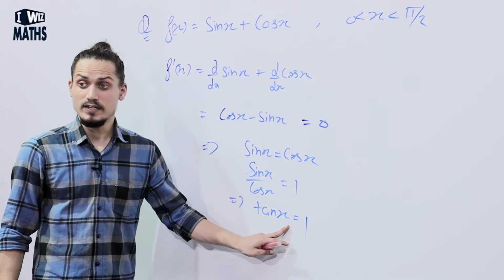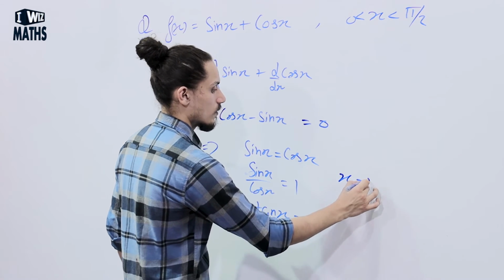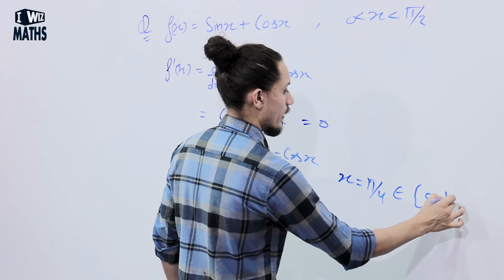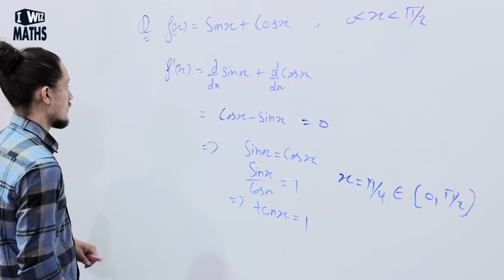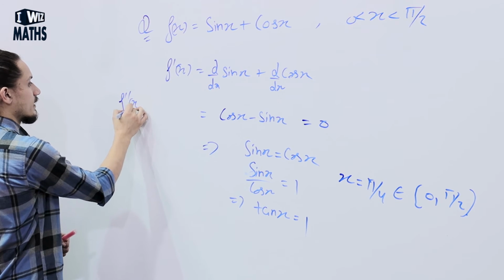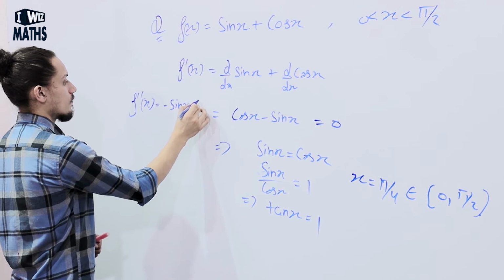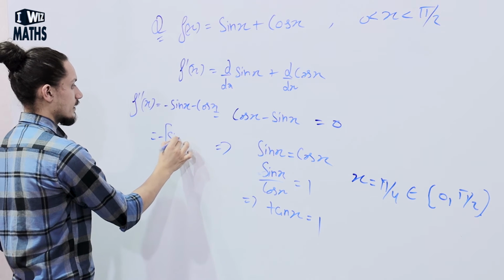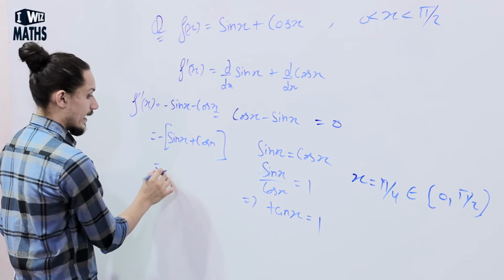Now tangent x is equal to 1 at pi by 4. So we have x is equal to pi by 4, which lies in the interval 0 to pi by 2. So using this value, f double dash x in this case will be equal to minus sin x minus cos x, which is equal to minus of sin x plus cos x at pi by 4.